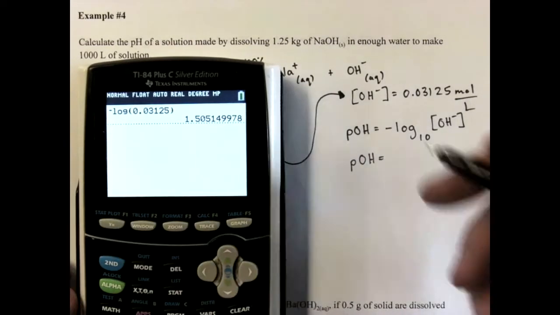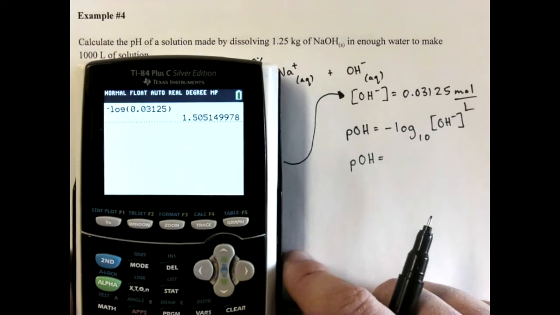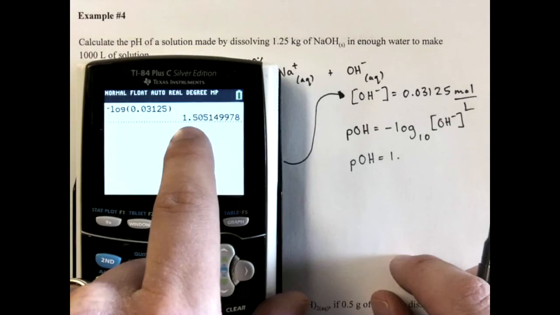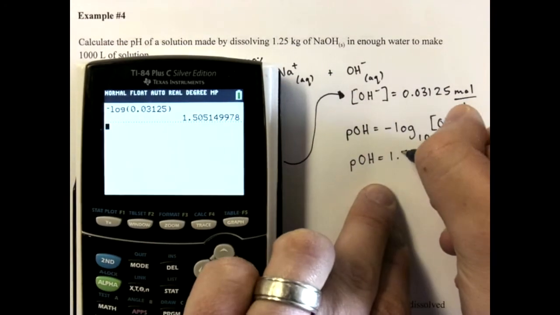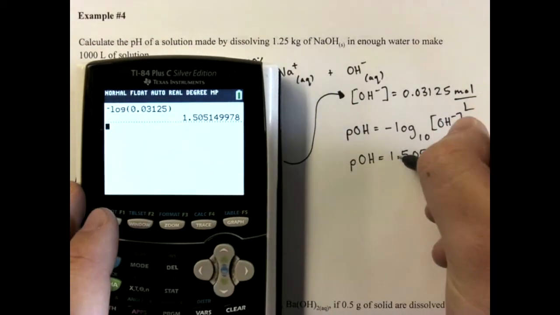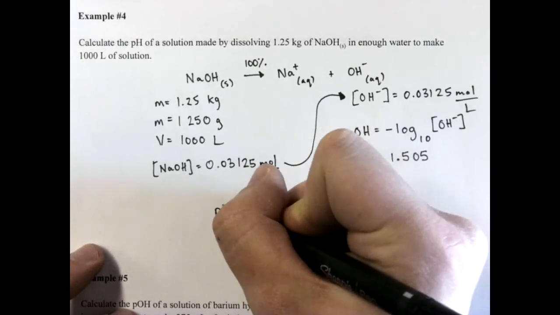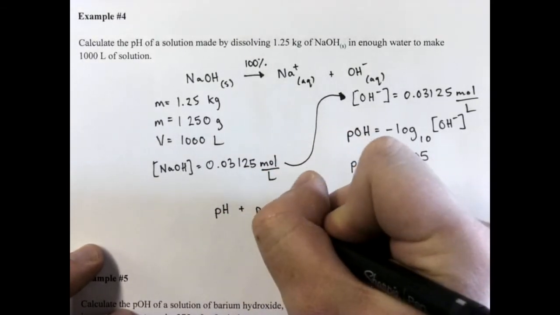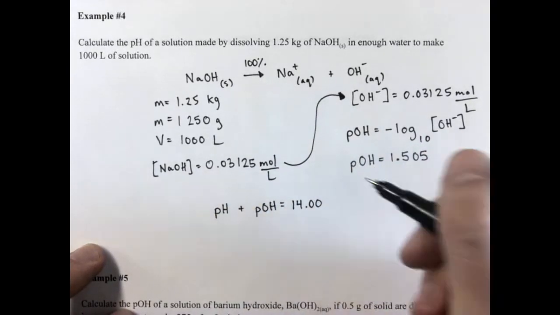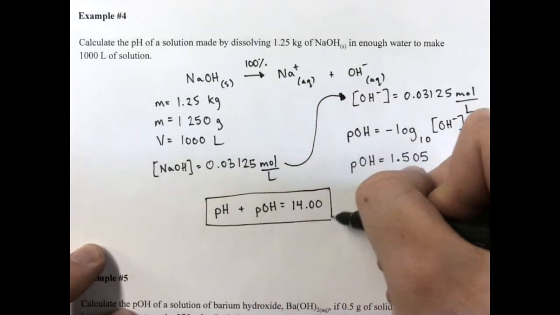And that gives me a pOH of, let's see, I have 3 significant digits, so I should have three digits after the decimal, so 1.505 is my pOH. Now, how do I find the pH? Well, the relationship between the two is that pH plus pOH is always going to be equal to 14.00.